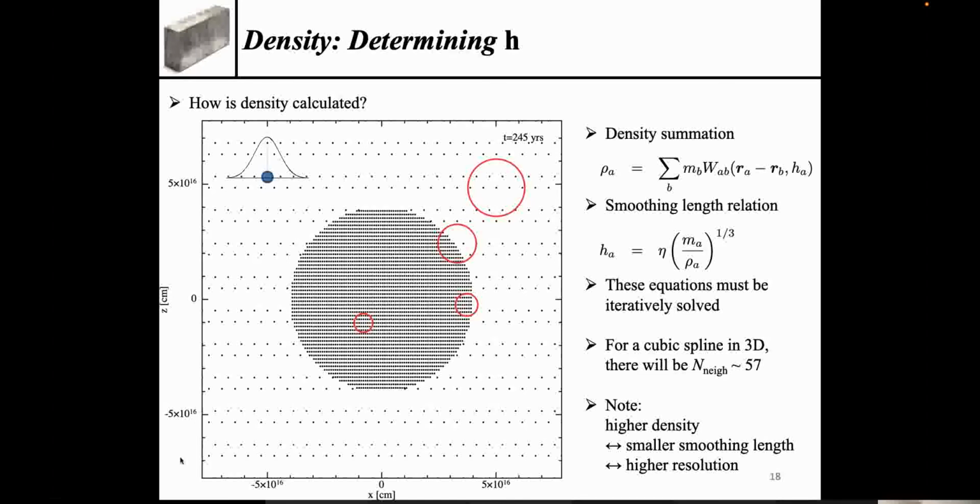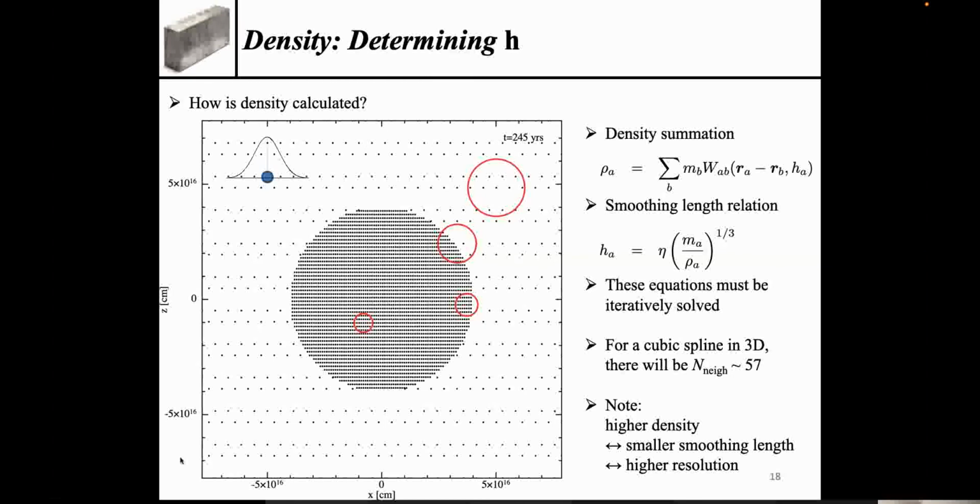Eta is a free parameter that is dependent on the particular smoothing kernel. And again, we have approximately 57 neighbors in 3 dimensions if your kernel is the cubic spline.